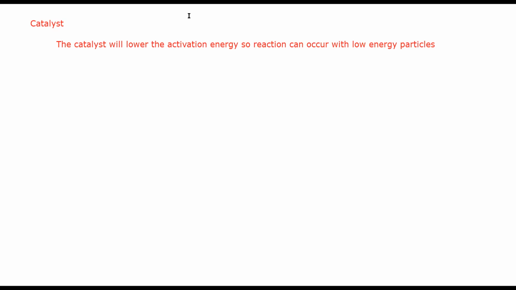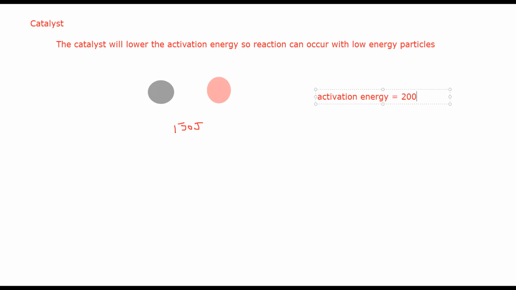Example, you have two reactants A and B. The energy of A and B is 150 joules. But the minimum possible energy for which the reaction starts, that's the activation energy.